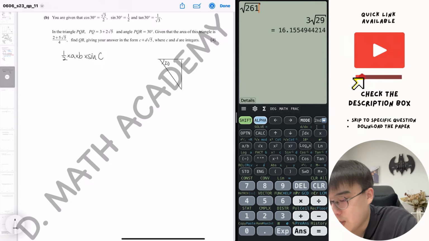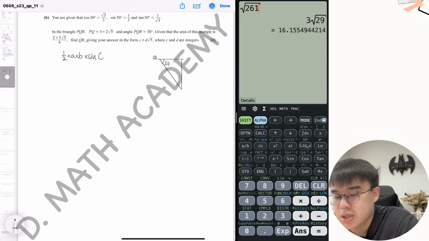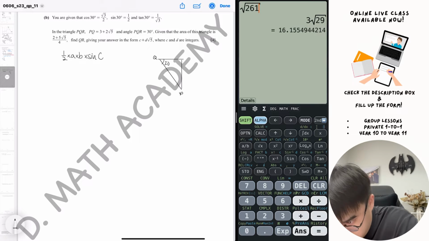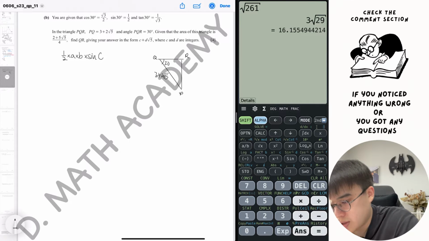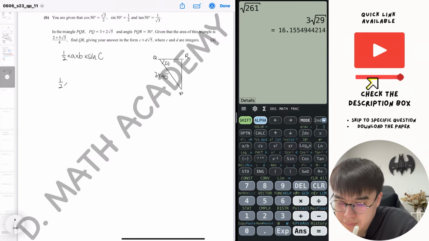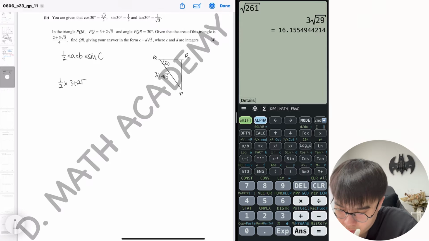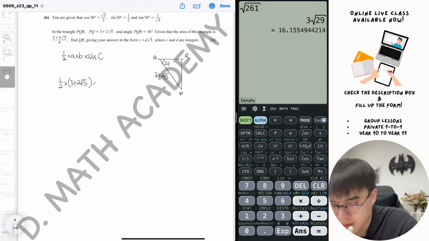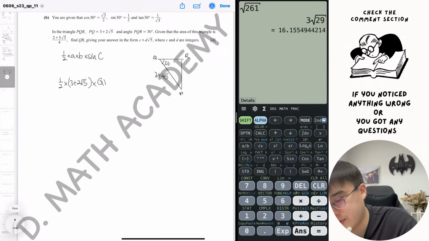Remember, it is not a right angle triangle. So half times 3 plus 2 square root 5 times B here, or in this case, it is QR times sine 30.